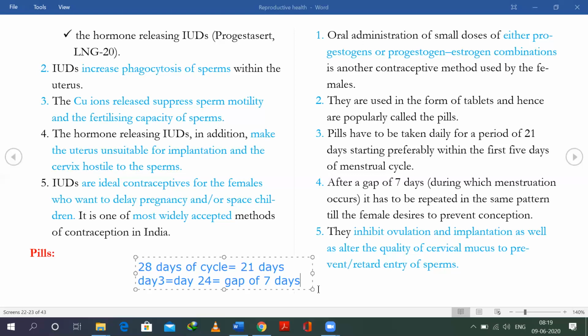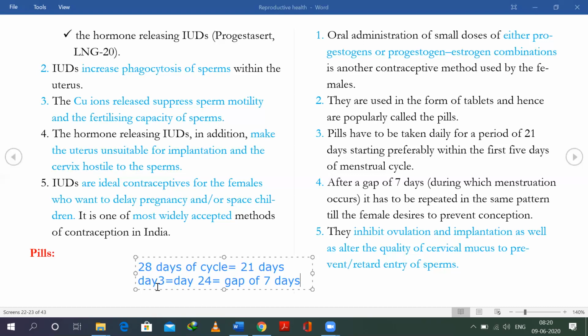So hopefully we are clear. I'll explain this one more time. You are taking the pills for 21 days in the 28-day menstrual cycle. You know menstruation happens from day 1 to day 5, so preferably you start within these days. I have taken day 3 here.